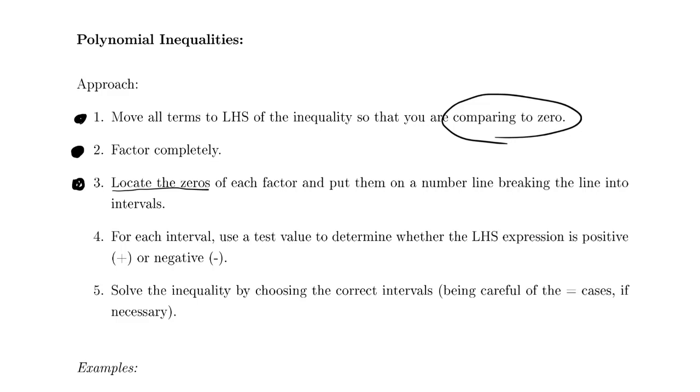So that's why we're then going to put them on a number line and break up the number line into intervals. Then for each interval, we're going to use a test value to see whether that expression on the left-hand side is positive or negative. Now, we'll see that with that test value, you're going to have a lot of freedom in choosing it because you can go anywhere in that interval.